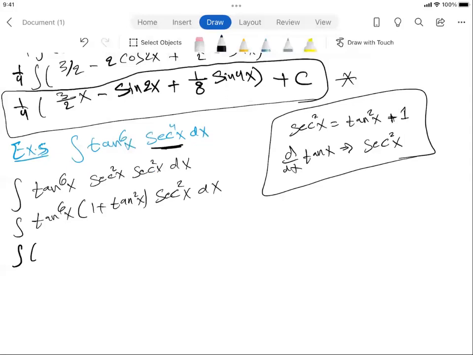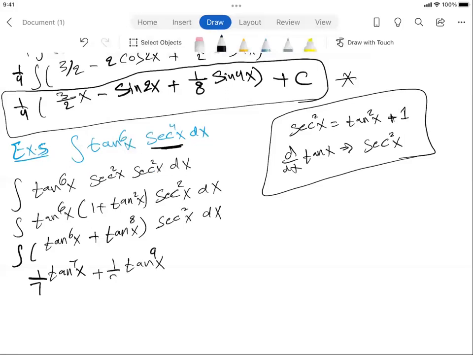So all I need is to distribute: tangent to power 6x plus tangent to power 8x, secant square of x dx. So a derivative of tangent is secant square, all I need is to increment the power and divide by the new power. So it becomes tangent to power 7x divided by 7, and the second term becomes tangent to power 9x divided by 9. And then simply add the constant.